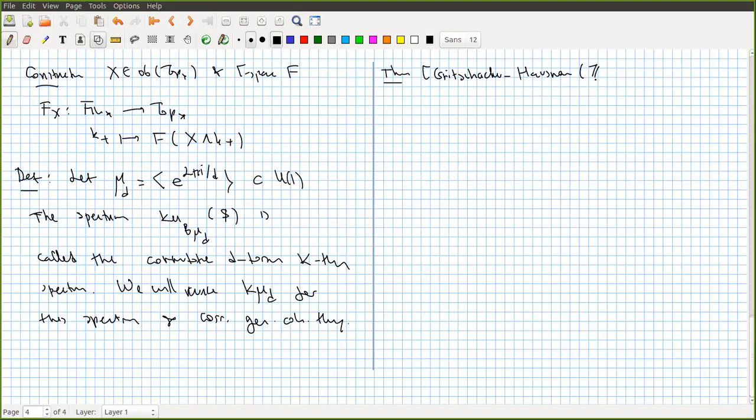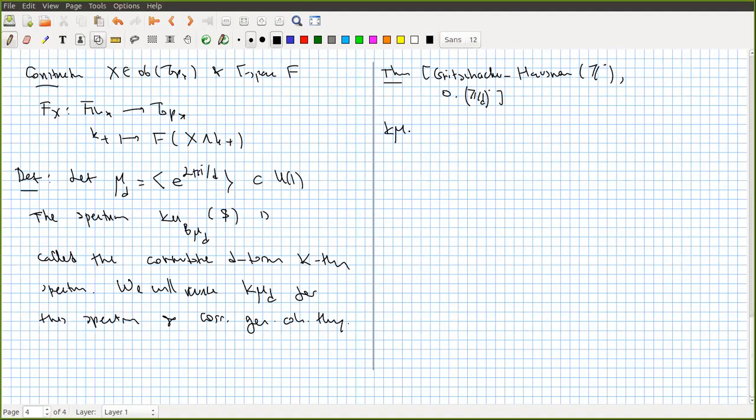They looked at the commutative case, and their idea also works for the Z mod d case. So that's what I looked at. So essentially, it's a modification of their proof.